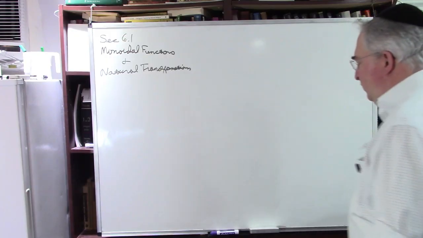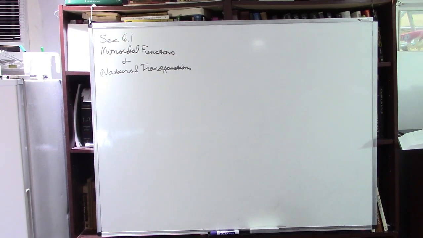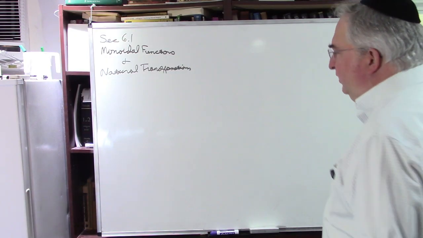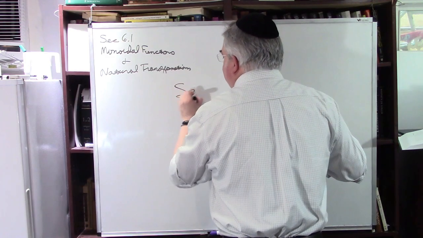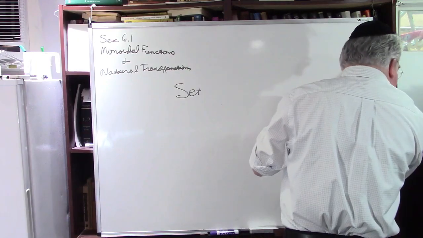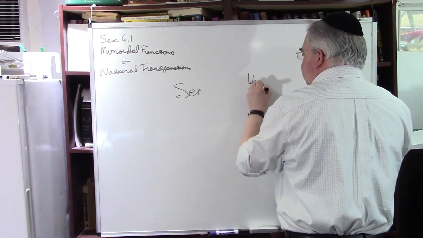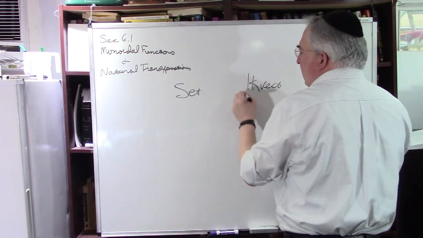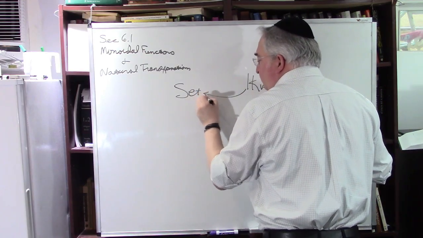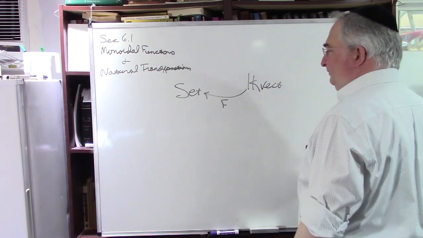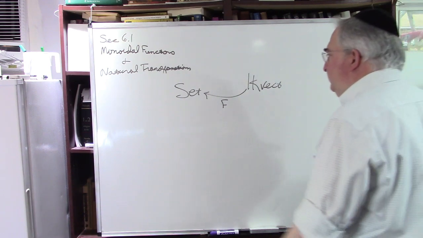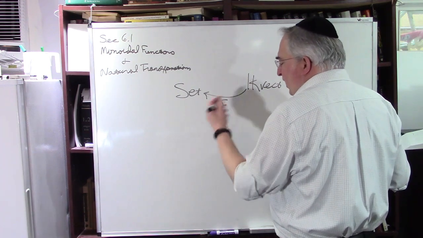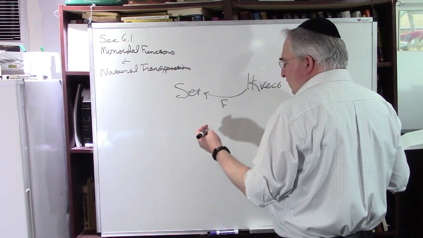One of the last things we did in section 4.1, I think, was talk about Set and k vector spaces. Okay, and we said to every k vector space you can forget the k vector space structure. You can forget the addition, and you can forget the scalar multiplication.